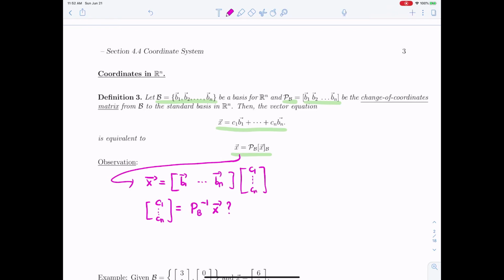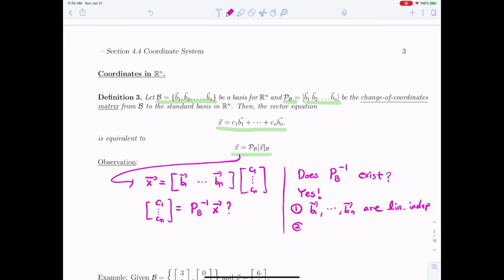Or equivalently, can we always find the inverse matrix for the change of coordinate matrix? Well, I guess the answer should be yes, because we know that the vectors in B are linearly independent. And second, P sub B is an n by n matrix. So what does this remind you? We can apply the invertible matrix theorem to show that the inverse matrix exists.